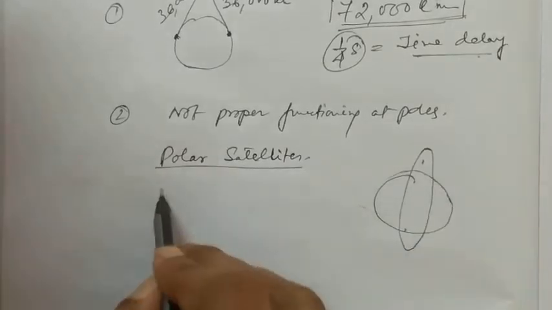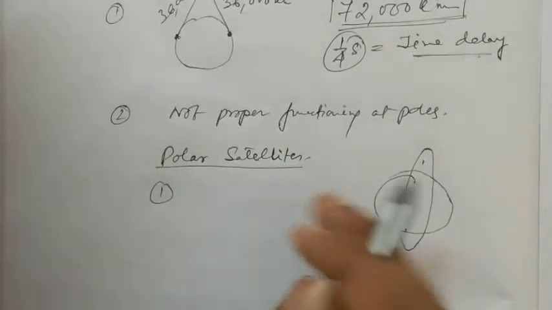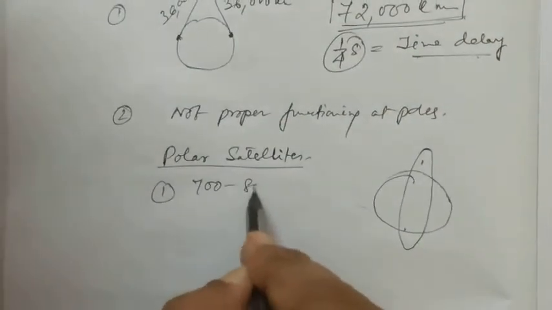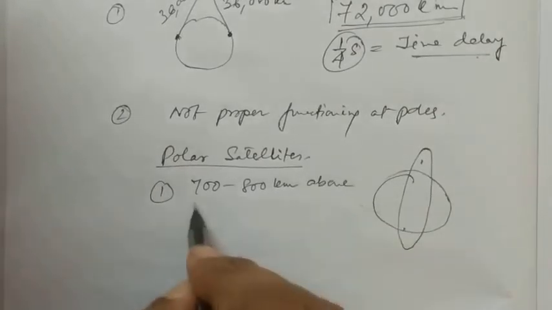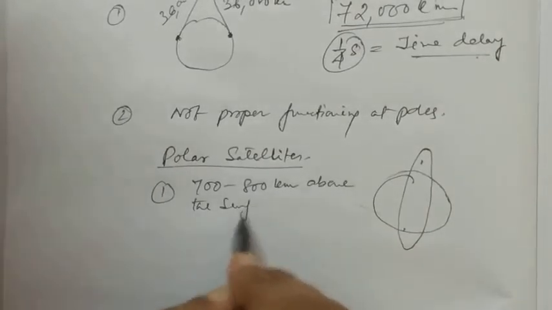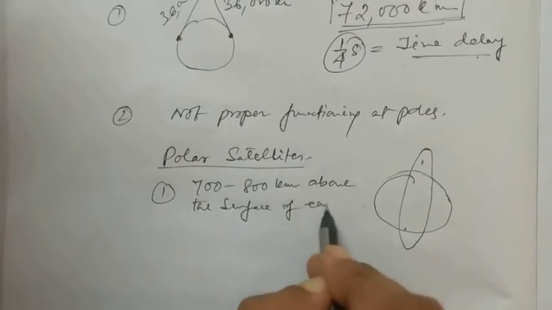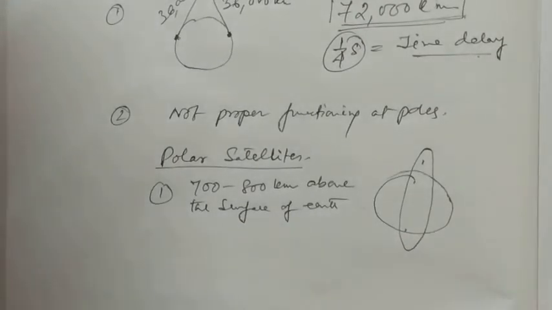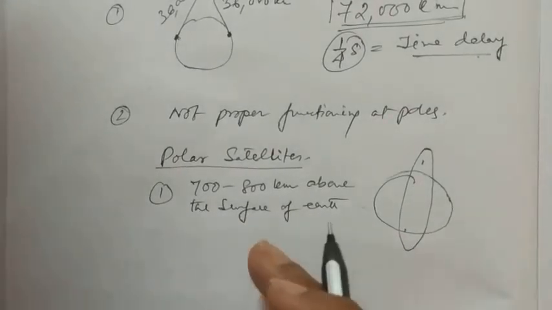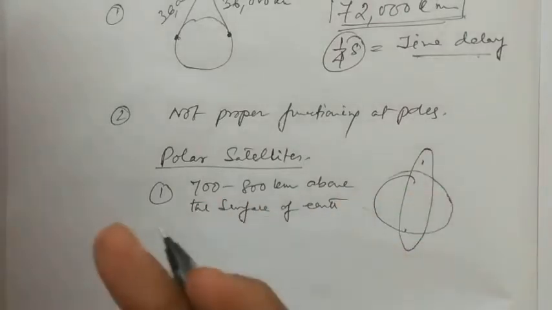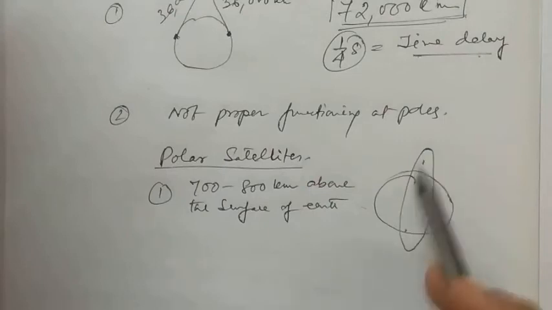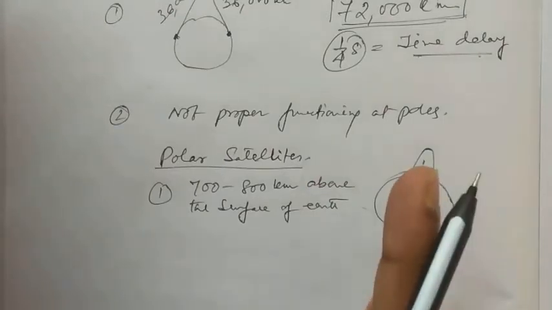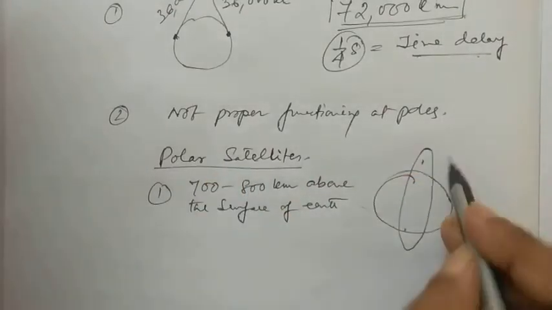The first thing to understand is that these polar satellites are placed 700 to 800 kilometers above the surface of the Earth. So by definition, polar satellites are those placed 700 to 800 kilometers above the surface of the Earth and aligned with the polar plane. This is the polar plane.